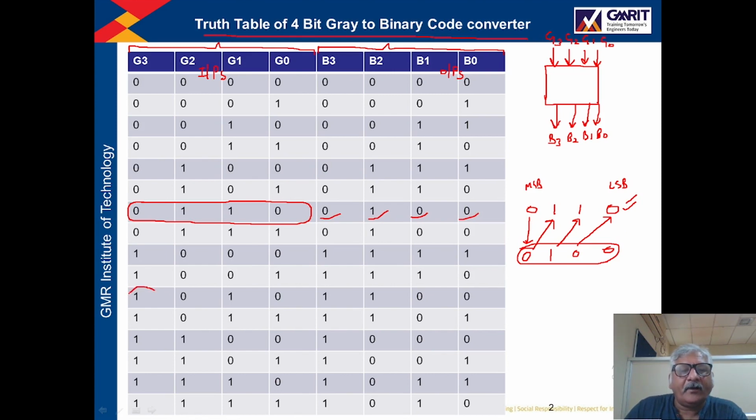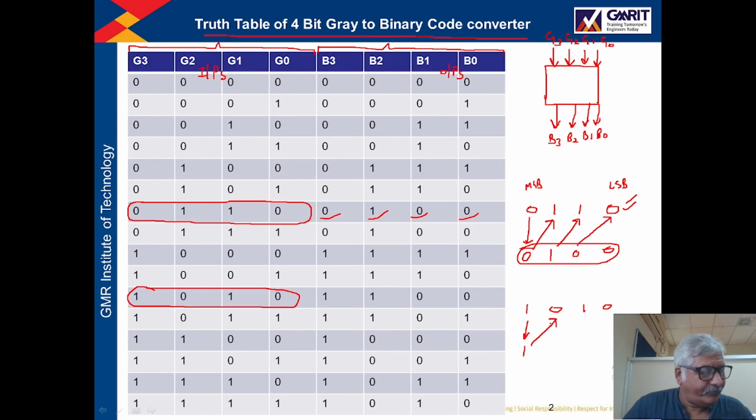Okay, I will take another example. So this is my gray code, 1010. The MSB, write it as it is. With this you add the next number. 1 plus 0 is 1.